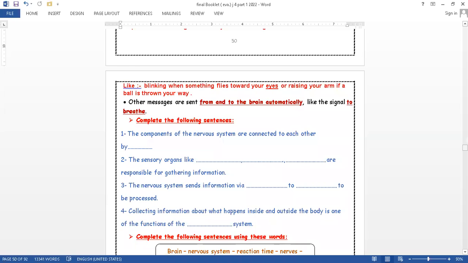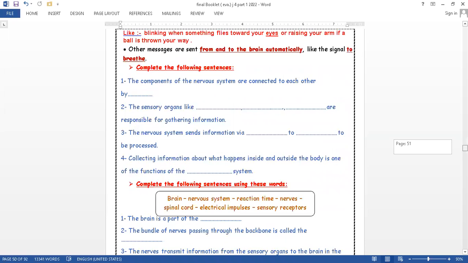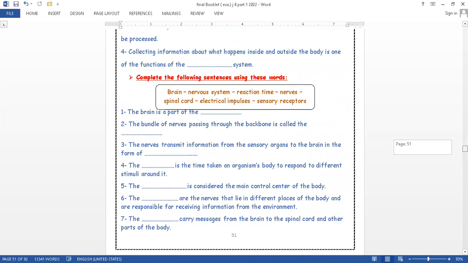Let's start to solve the final part of the complete. Complete the following sentence by using these words. The brain is a part of the nervous system.